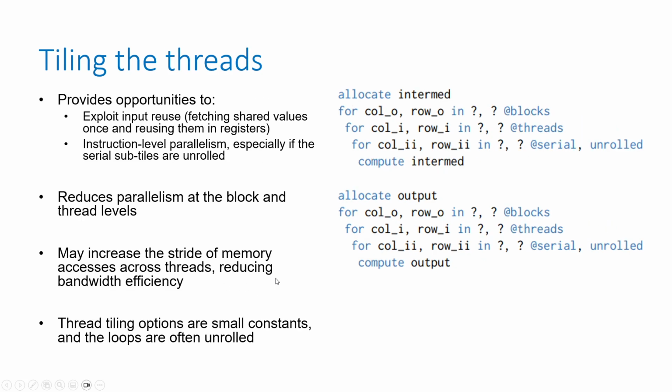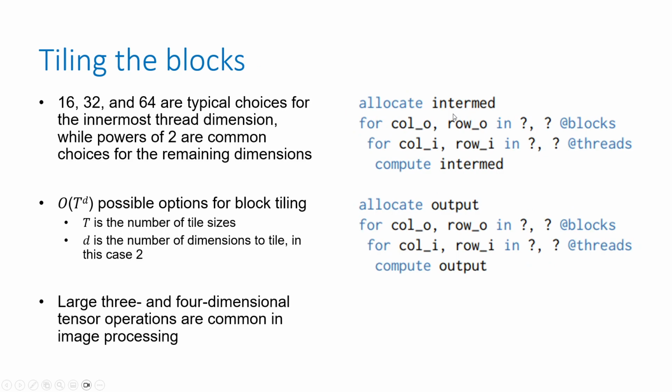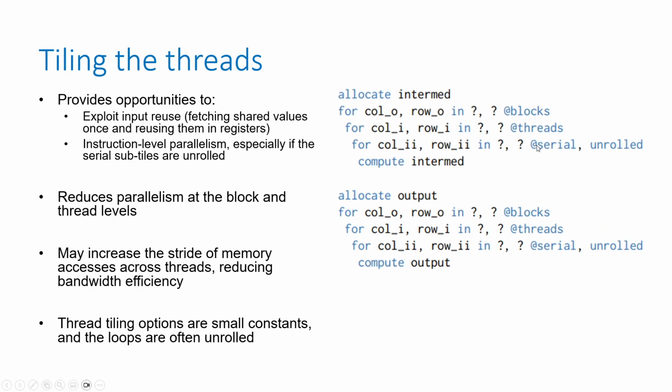Now, tiling at the thread level. We tiled at the block level, so we're going to tile further. Once we tile the blocks, we're going to tile the threads. And when tiling the threads, now you have another for loop inside of it, and this is serial, and it can be unrolled, as you can see here, for both of them.